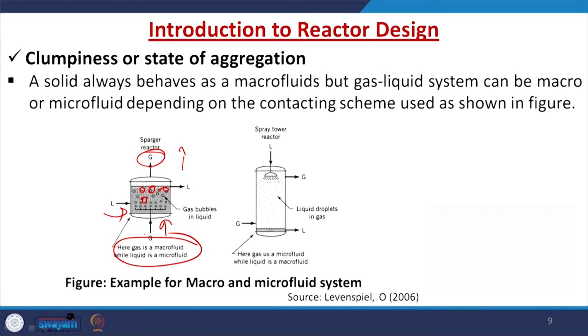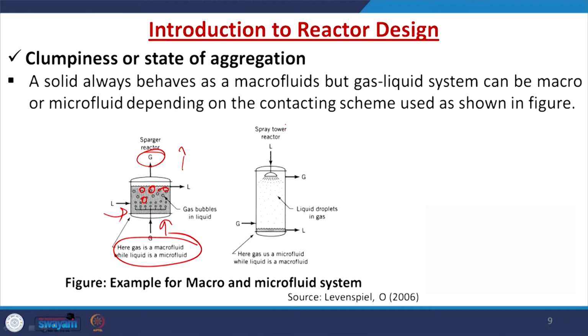Now here you see that this is the spray tower, and it's again a very common industrial phenomenon. If you need to produce some spherical particles, this particular phenomenon is quite useful. So here this is the spray tower.